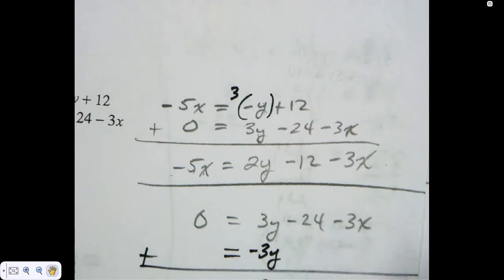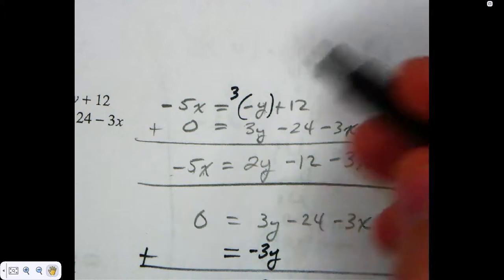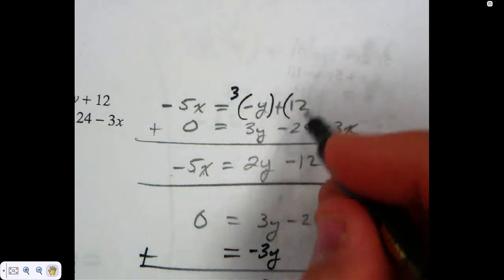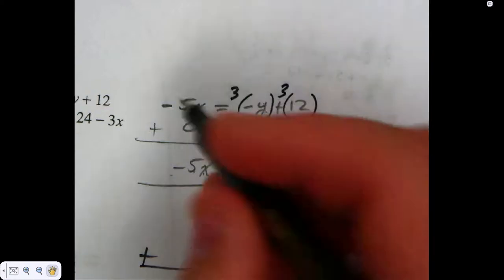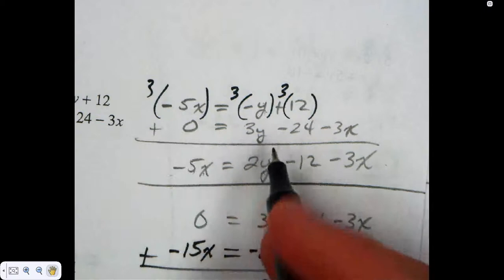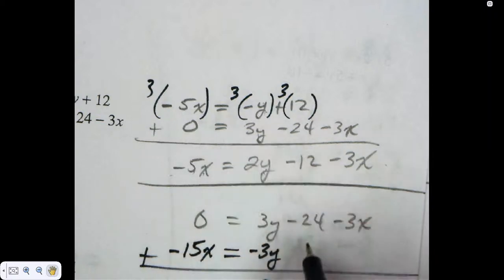Well, how do I make a negative y into a negative 3y? I multiply it by 3. But what allows me to do this? I have to multiply everything by what? So I'm left with a negative what? 15x on the left side. Did that. And this becomes what? Plus what? 36? Does everyone agree?